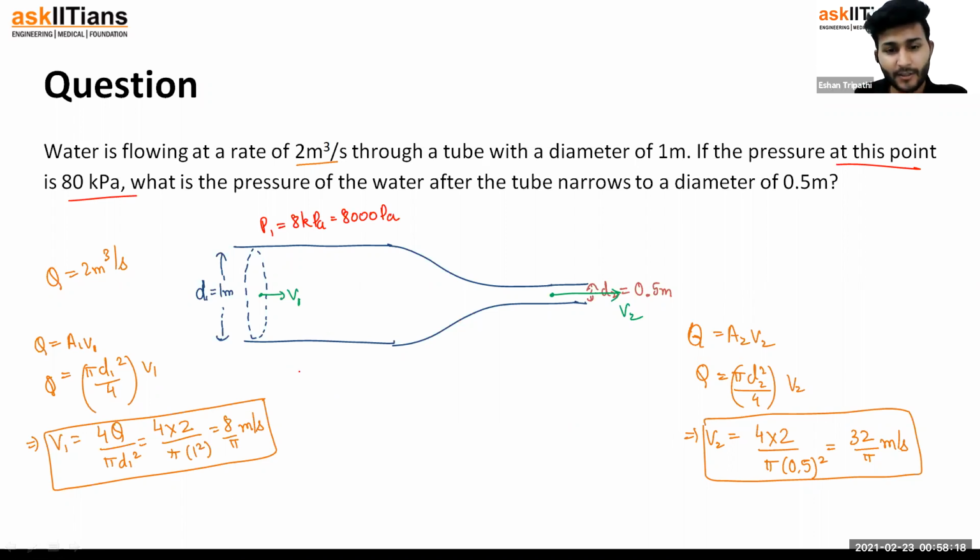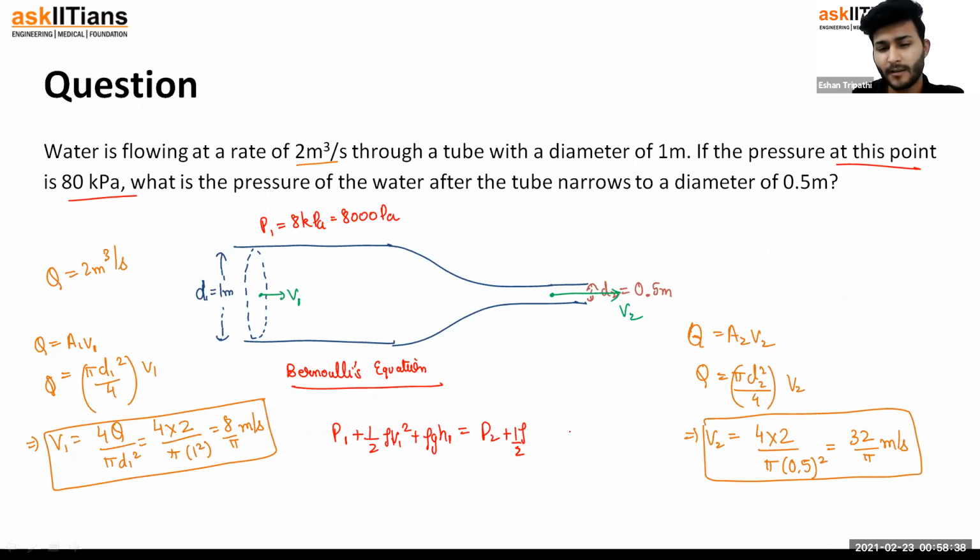So let's use Bernoulli's equation. P1 plus half rho V1 square plus rho g, height of point 1, is equal to P2 plus half rho V2 square plus rho g into height of 2.